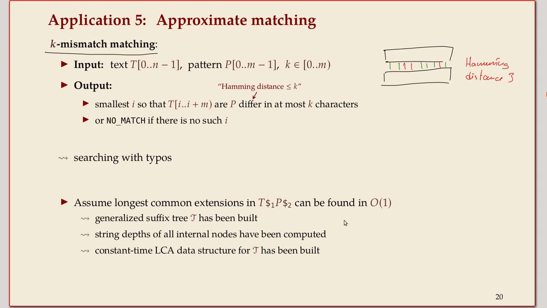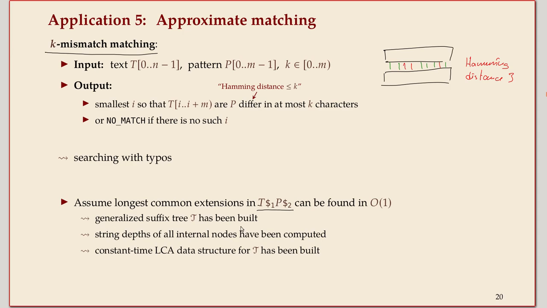Now we use our black box, so we assume we can do this LCE data structure, longest common extensions. And what we do is we take the text and we append the pattern. Now we compute the longest common extension data structure on this new text.